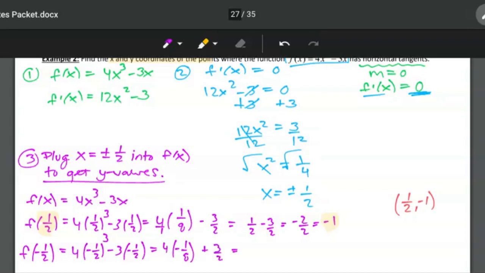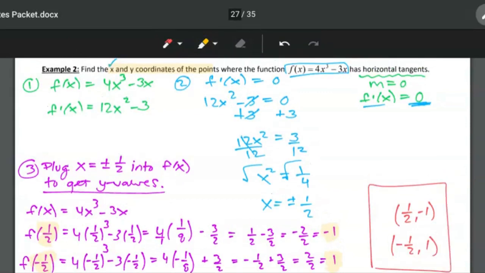So we'd really get negative 1/2 plus 3 halves. Negative 1 plus 3 is 2, 2 over 2, or 1. So when we plugged in negative 1/2, we got 1. So that is our other point, negative 1/2, 1. These are the 2 points, or in other words, the x and y coordinates of the points where this function has horizontal tangents.